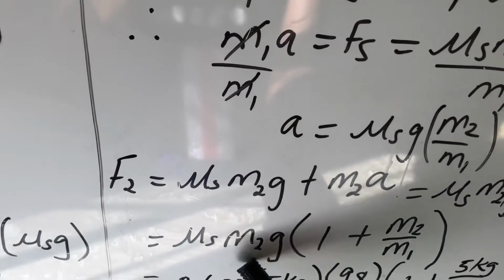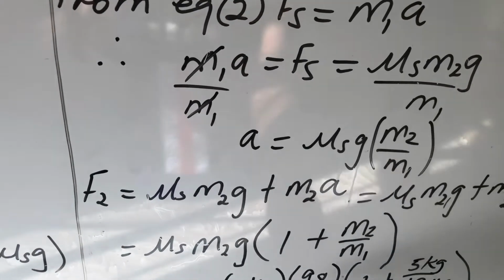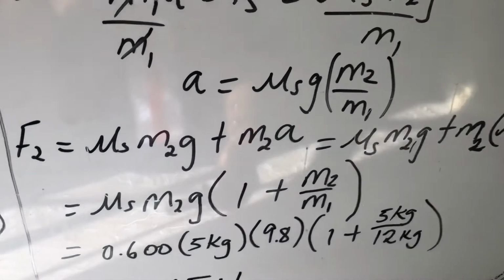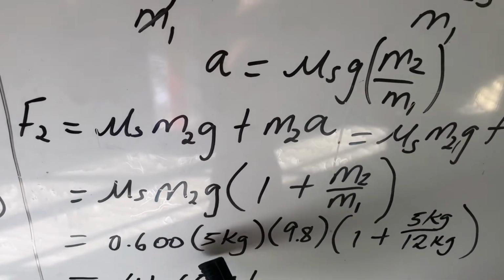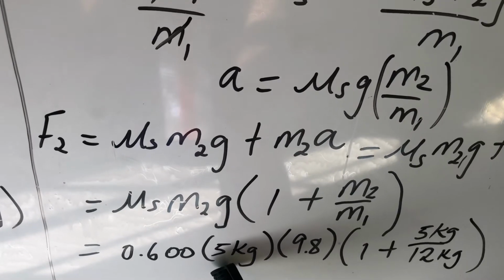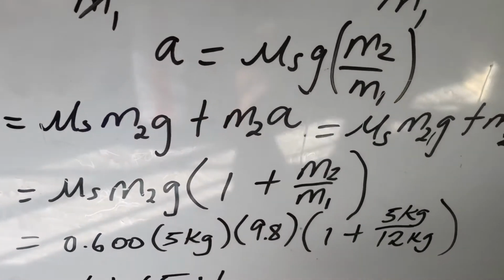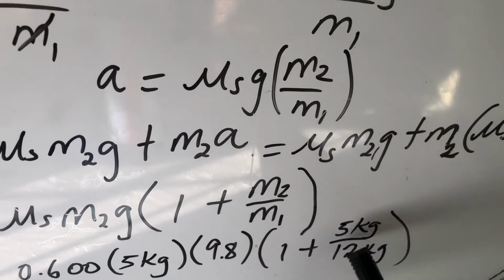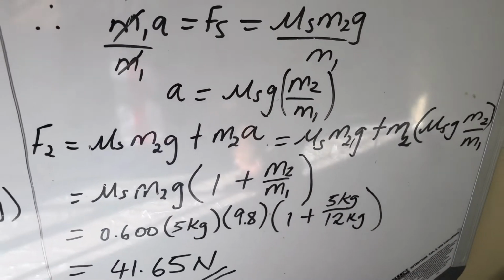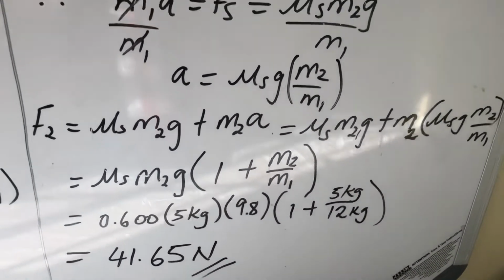If you factor it out, you have 1 plus M2 over M1. And then you've got all these given to you from the question. In place of mu s, you put 0.6. In place of G, you put 9.8. In place of M2, you put 5 kgs. Then you open your bracket: 1 plus, in place of M2, you put 5, and in place of M1, you put 12. Then if you punch it on your calculator, you'll find something like this.